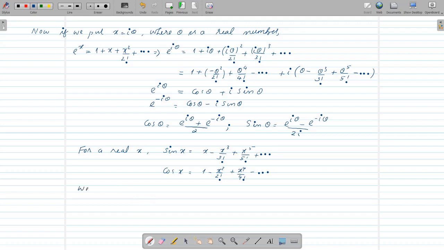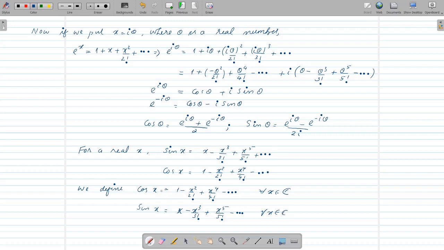So we define cos x equal to 1 minus x square by 2 factorial plus x raised to 4 by factorial 4 minus etc. for all x belonging to the complex numbers C. Similarly, we define sin x in the same manner: x minus x cube by factorial 3 plus x raised to 5 by factorial 5 minus etc. for all complex numbers.